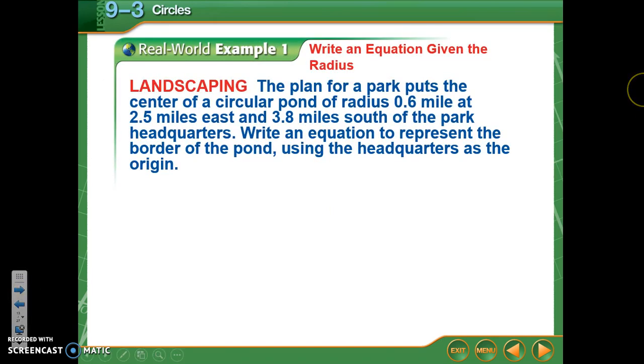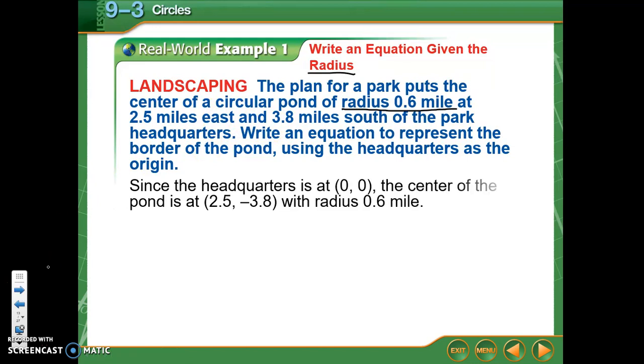Okay, so we're going to start out with a practice problem where we are going to write an equation when we're given the radius. So the plan for a park puts the center of a circular pond that has a radius of 0.6 miles, 2.5 miles east and 3.8 miles south of the park headquarters. We're going to write an equation to represent the border of the pond, so the edge of the circle.